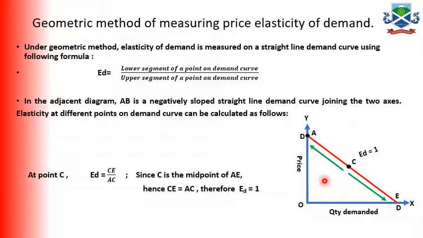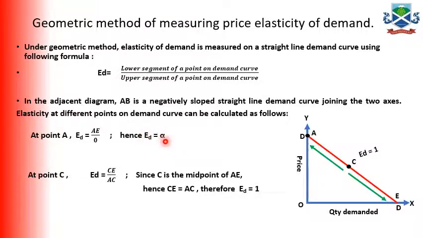Now we'll move to another point, say point A. At point A the lower segment is AE, the total demand curve, and the upper segment is nothing, it is 0. Since AE by 0, denominator 0 means it is infinity, you cannot calculate it, it is undefined.